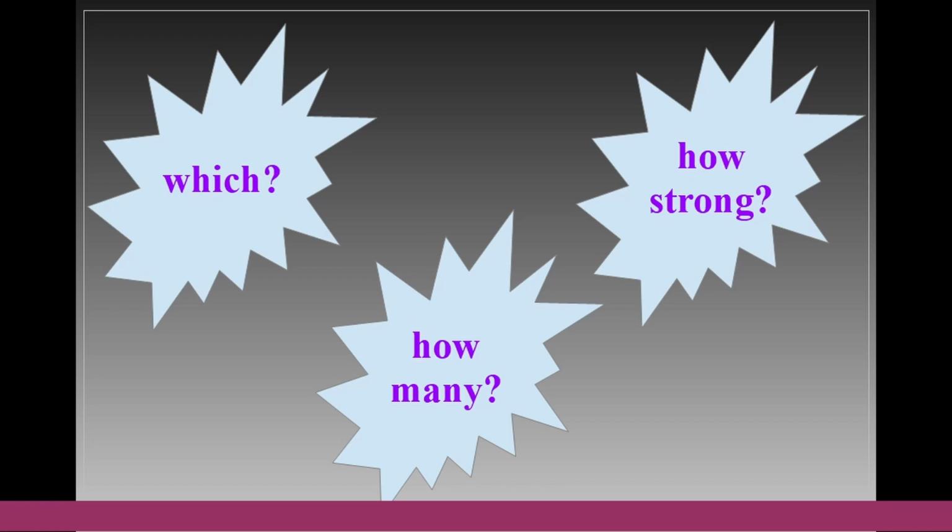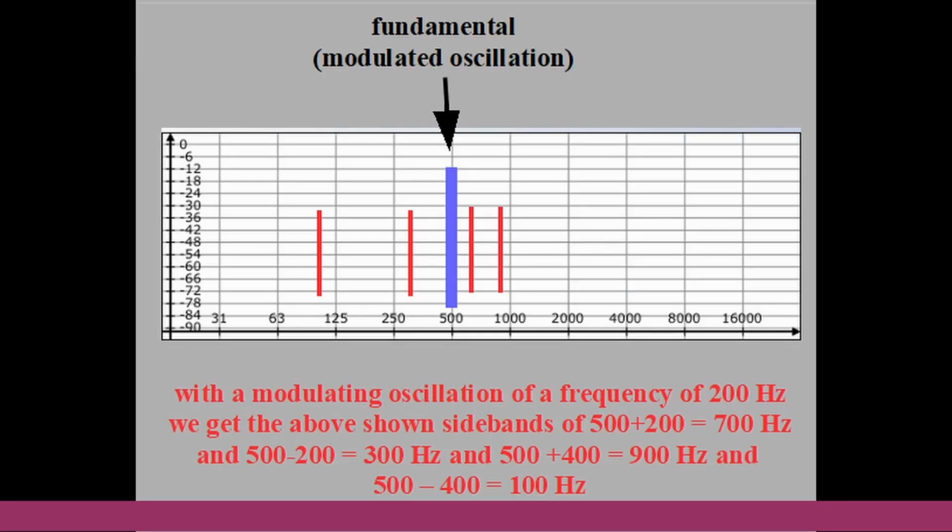What is their amplitude? Well, which partials occur? That is simple mathematics. The first two sidebands occur at the fundamental plus the modulating frequency and the fundamental minus the modulating frequency.